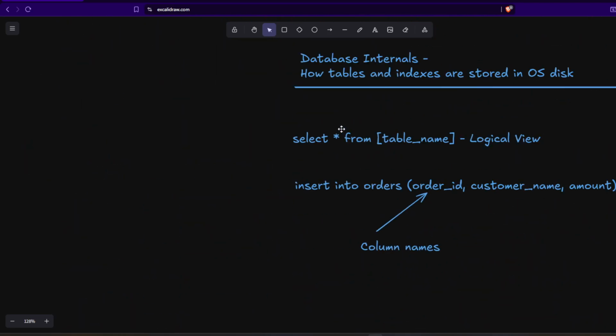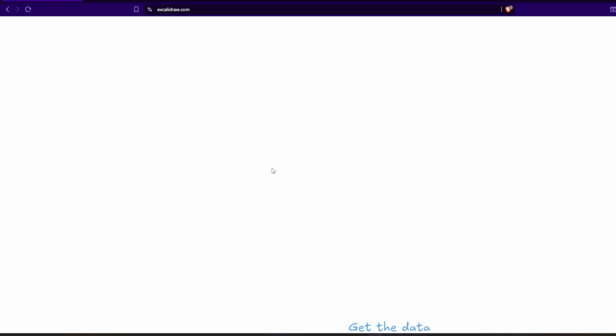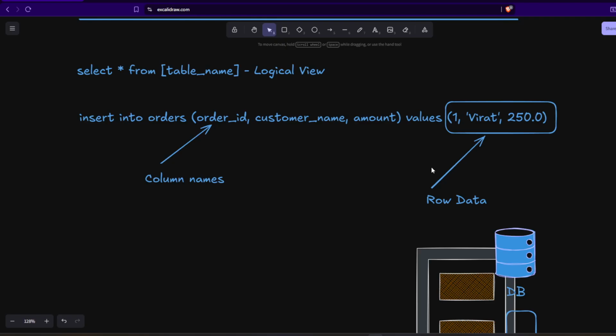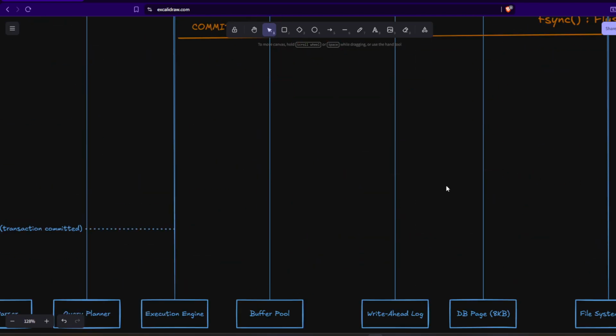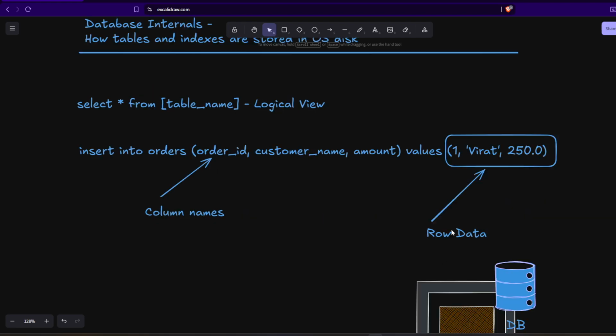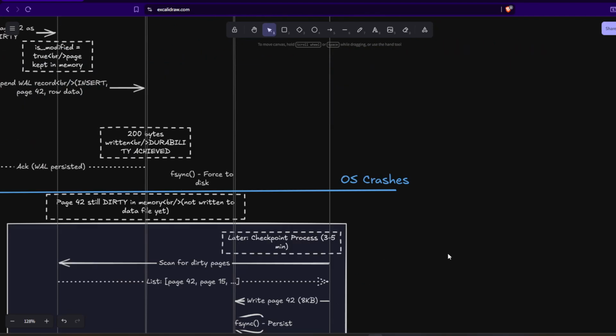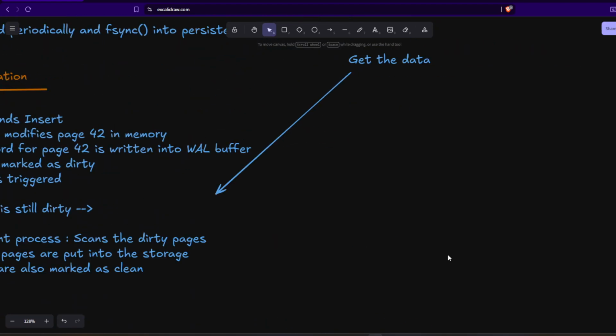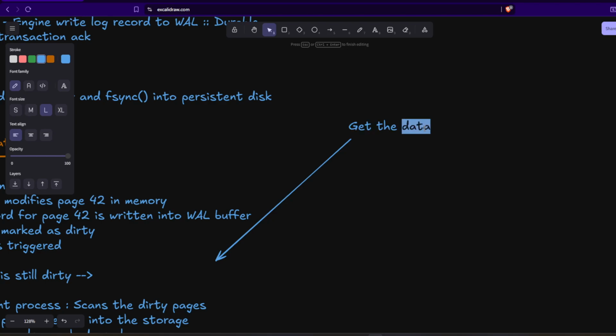It was an insert into the orders table, inserting value 1 and the customer name as Virat. Suppose I am doing a transaction over here to get the data, doing a select star from orders where id equal to 1.